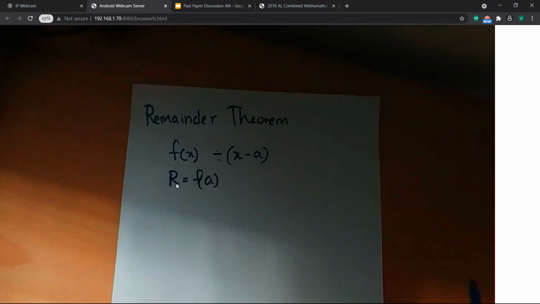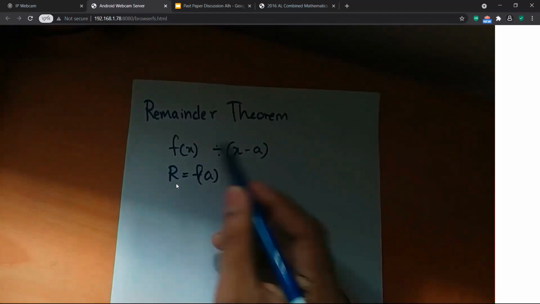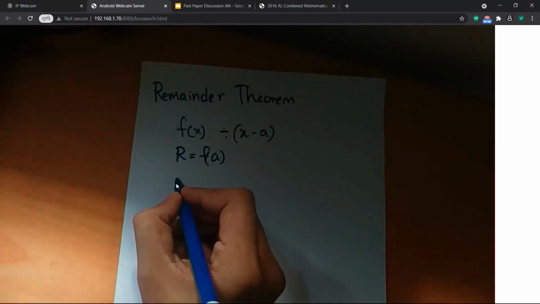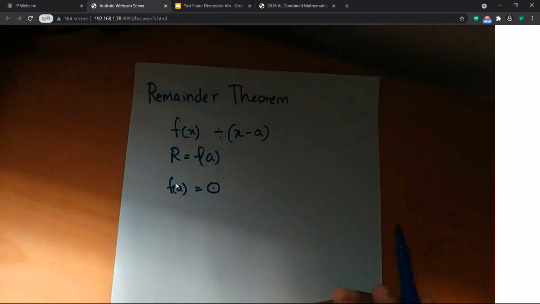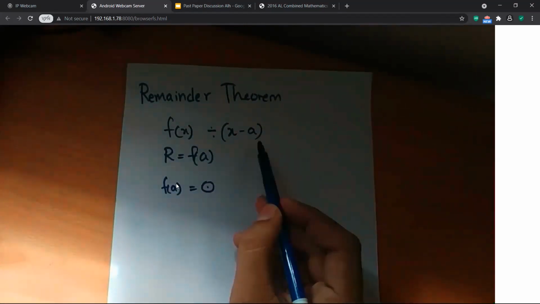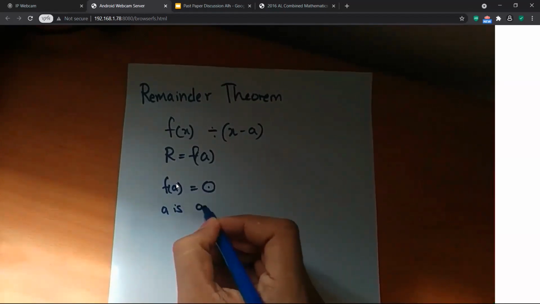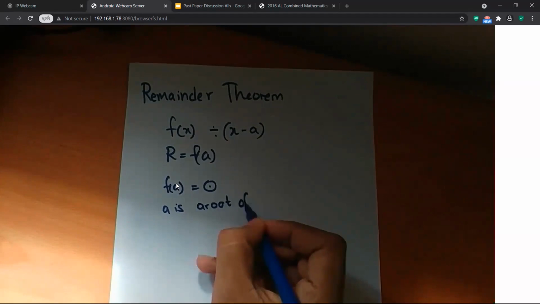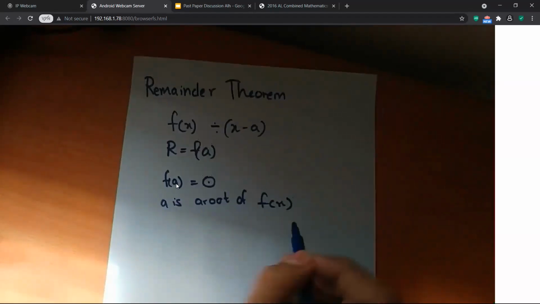We substitute a. But if x minus a is a factor of fx, then fa will be 0. That is when x minus a is a factor. Or another way you can say is that a is a root of fx. So that's what we are going to apply here.